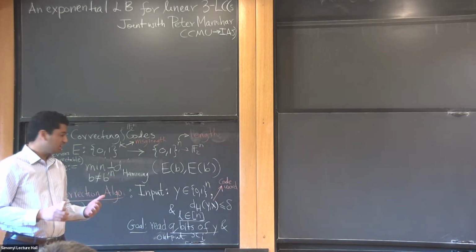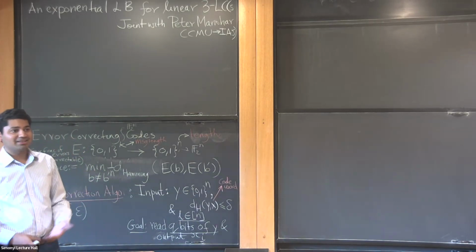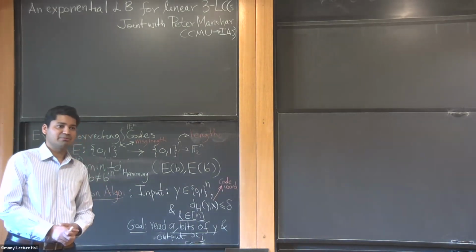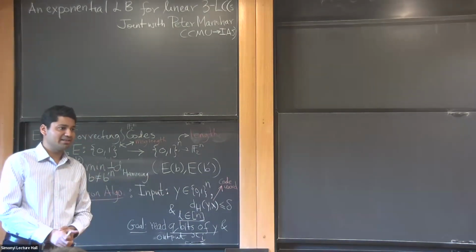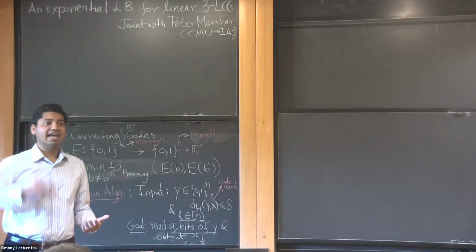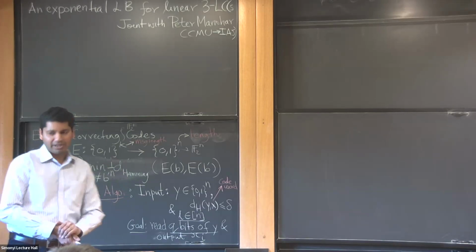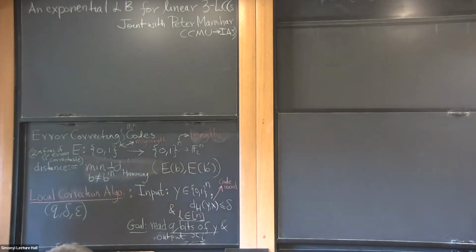And, relatedly, I'm interested in correcting every bit. Say you wanted to correct only a 1 minus delta fraction of the bits. That's very, very easy. Just output the bit of Y itself. The interesting part is that you need to correct every bit. You need to correctly report every bit of X. Okay. All right. Good. So you know everything about local correction algorithms now.